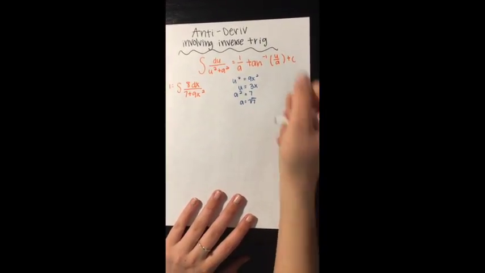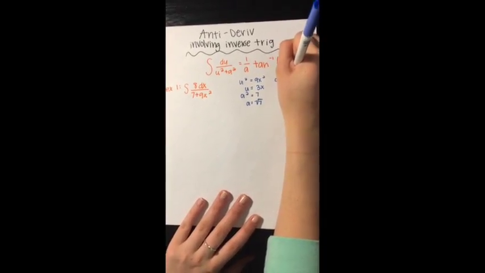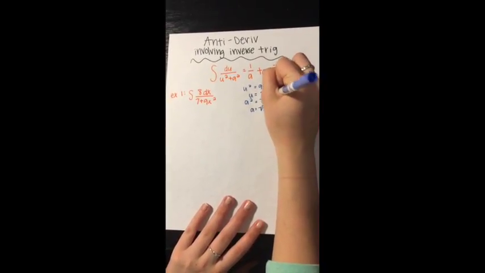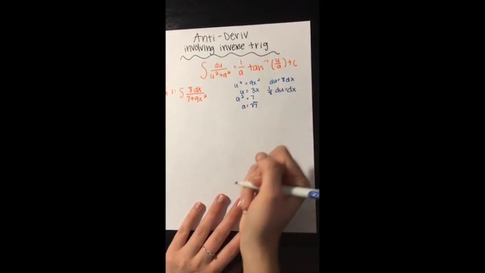And now we're going to find our du. So du is equal to 3 dx, and so 1/3 du is equal to dx.